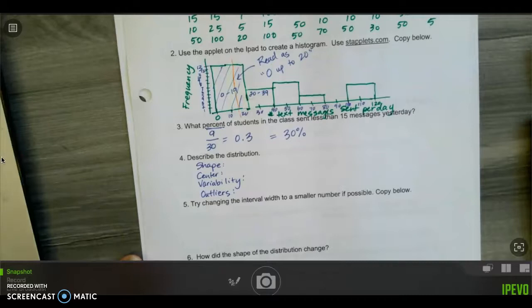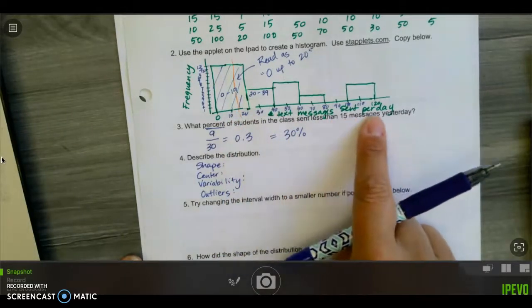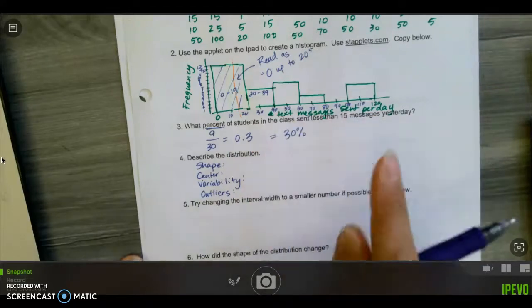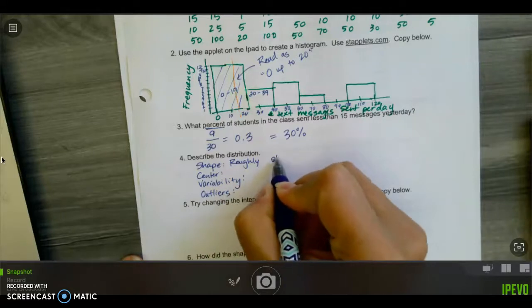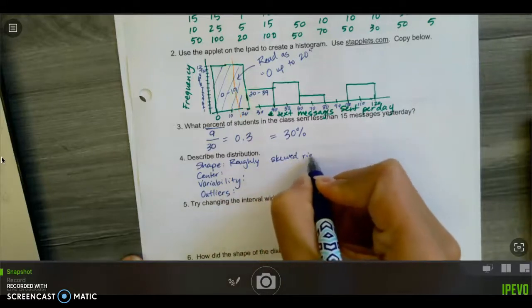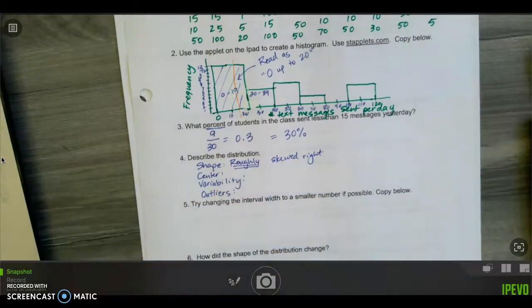If we look at the shape, it looks like there's a lot on the left and then less on the right. So I would call this roughly skewed right. Notice I'm using the word roughly. Using a good descriptive word like roughly, about, or fairly says it's not perfectly skewed right, but it's roughly skewed right.